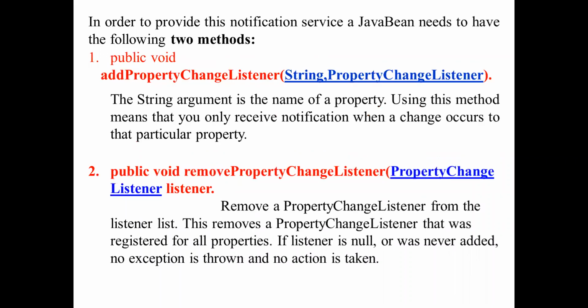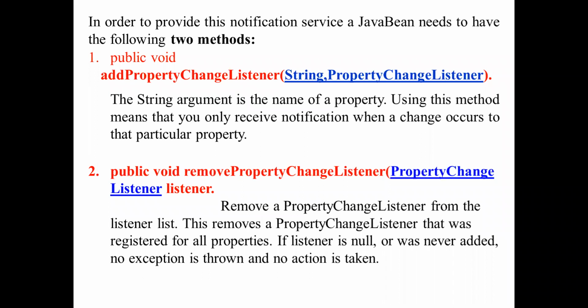So next we can move to the two methods of Java Beans to notify a service of the Java Bean. One is add and the second one is remove. So these are the two methods we use for notification.